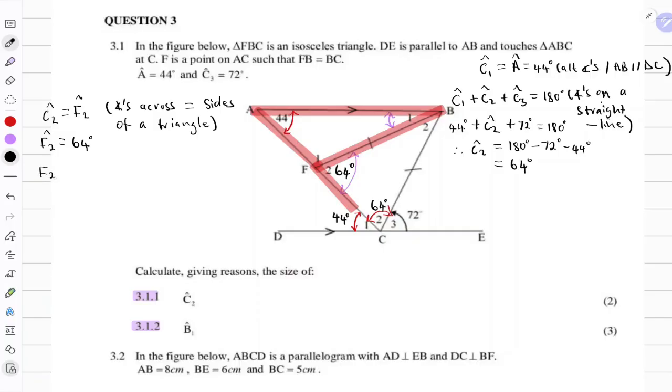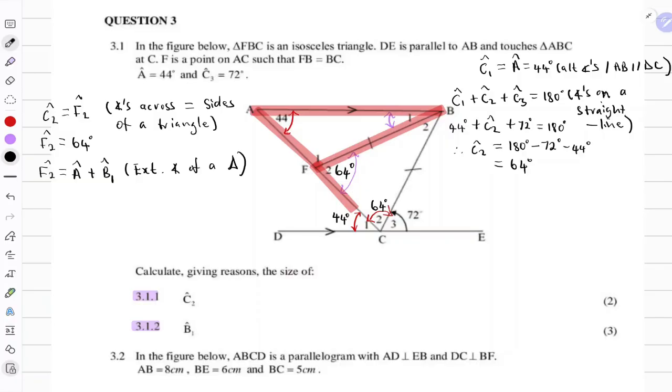angle F2 is equal to angle A plus angle B1 to be specific. And the reason is exterior angle of a triangle.